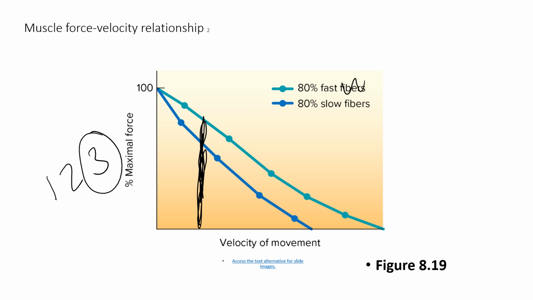So let's say these are type 2X, these are type 2A. Type 2X is producing much more force than type 2A at this exact same velocity.